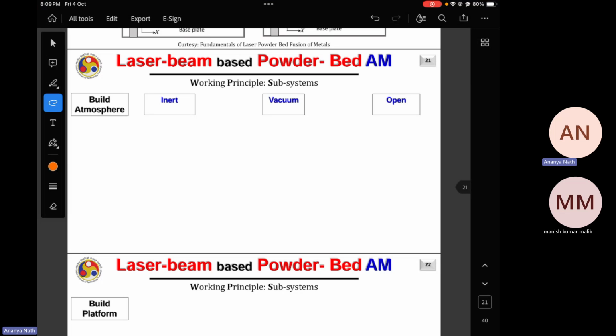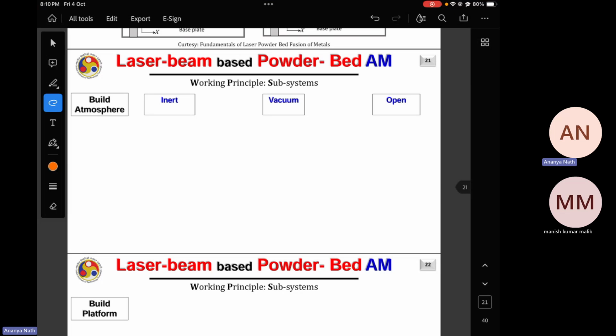And also, if you are going for a vacuum chamber, you cannot make a large chamber vacuumed. So that's why you have to go with a smaller chamber. And if you're going with a smaller chamber, your build volume is getting decreased. If your build volume is decreased, it means you will be able to produce smaller parts instead of bigger parts.